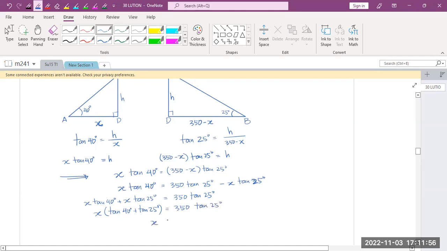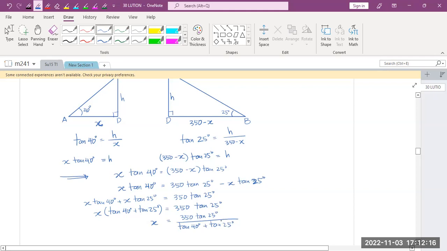So our X is equal to 350 tangent 25 degrees over tangent 40 degrees plus tangent 25 degrees. That's our X.